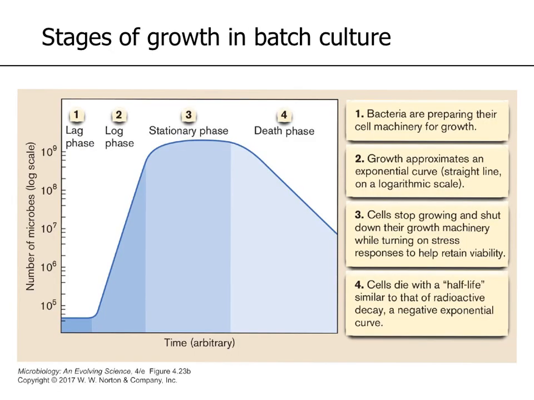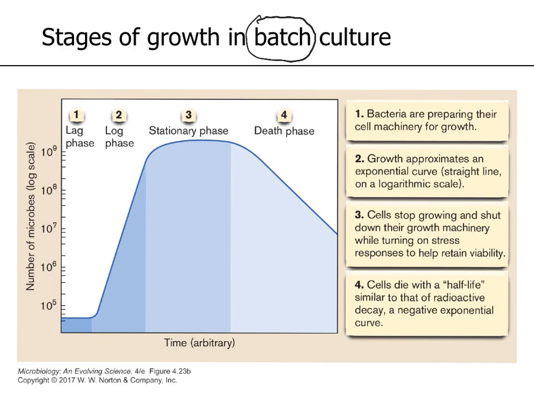Okay, now we're going to move on and talk about the different stages of growth, and the key thing is that this is for batch culture. Batch culture is a closed system. These are things that you're doing in lab. Recently in lab you did aseptic transfer and inoculated the different broths with the Serratia cultures.